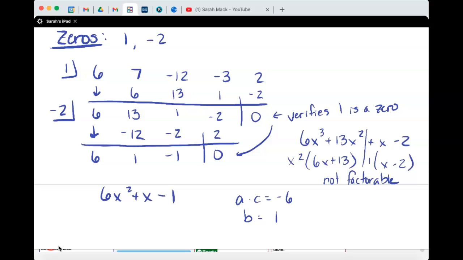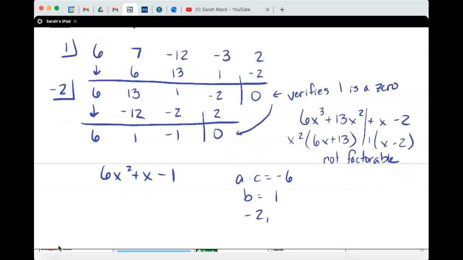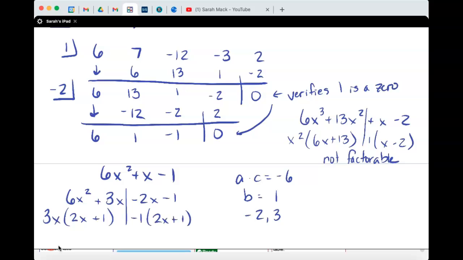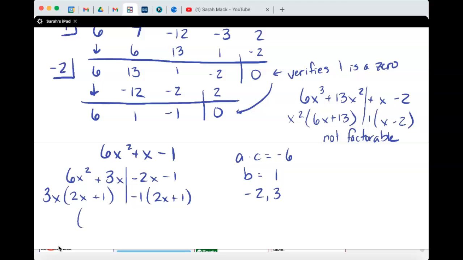So what are my numbers? No, wait, can you rewrite it? So 6x squared plus 3x minus 2x minus 1. Factoring out 3x. Factor out -1. Okay.